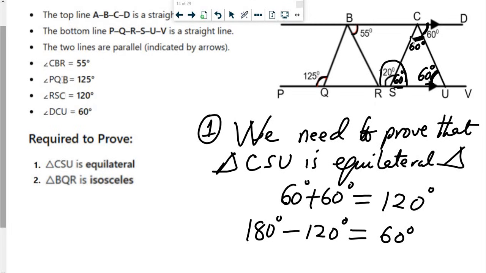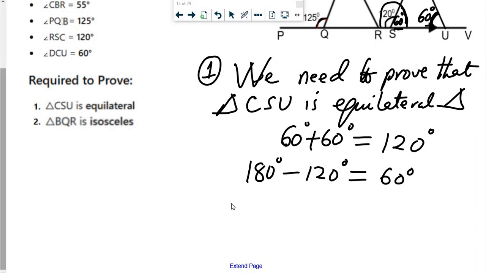Now can you check quickly? 60 degrees plus 60 degrees plus 60 degrees makes 180, meaning the angle sum property of a triangle. Now look at this triangle. We can see that all interior angles measure 60 degrees.